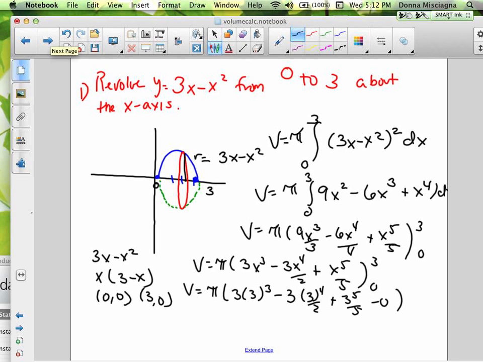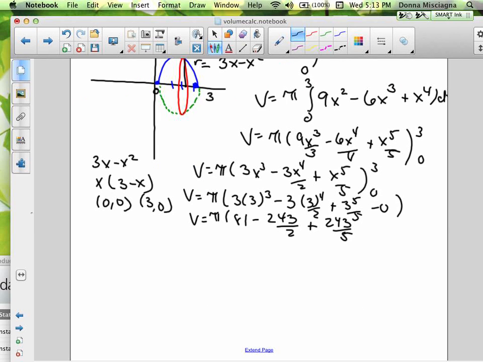So that's going to give me 81, minus 3 to the 4th is 81, times 3 would be 243 halves. And 3 to the 5th is 243 divided by 5. So I just need a common denominator here, which would be 10. So we have pi times 810 minus 243 times 5.